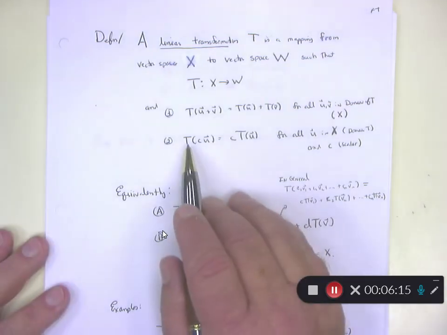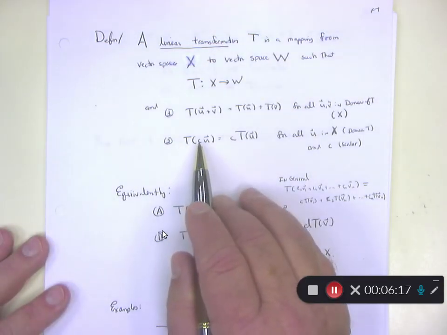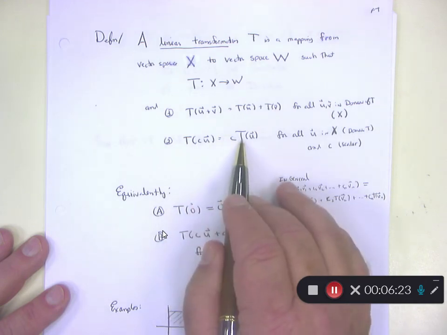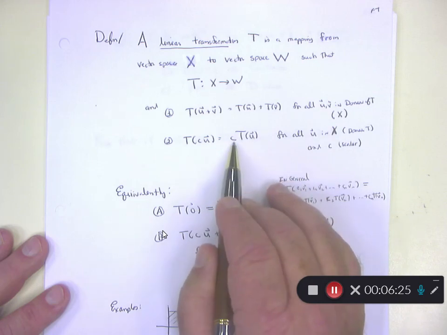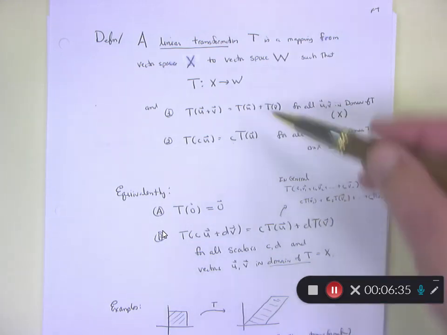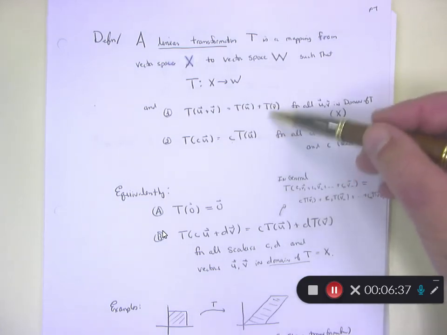So you take a linear transformation of a constant c times a vector u, the constant c can be held out front, and it's just like taking the linear transformation of vector u and then multiplying by c. Constants can be held out front, apply your linear transformation to your vector, and then multiply all the components by c. Only linear transformations have these two properties.